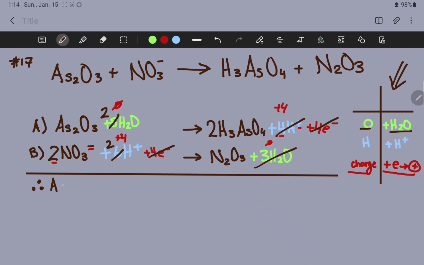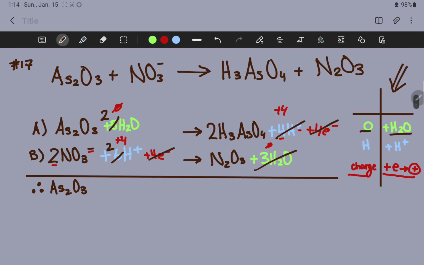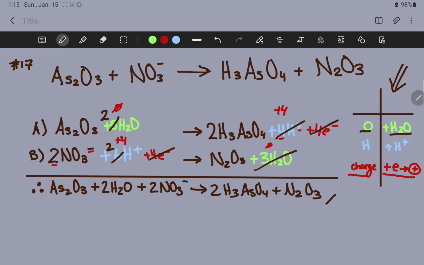So I end up with this plus my 2 water molecules plus my 2 nitrate ions reacting to give me my 2 molecules and my dinitrogen trioxide. And that's how you balance this equation.